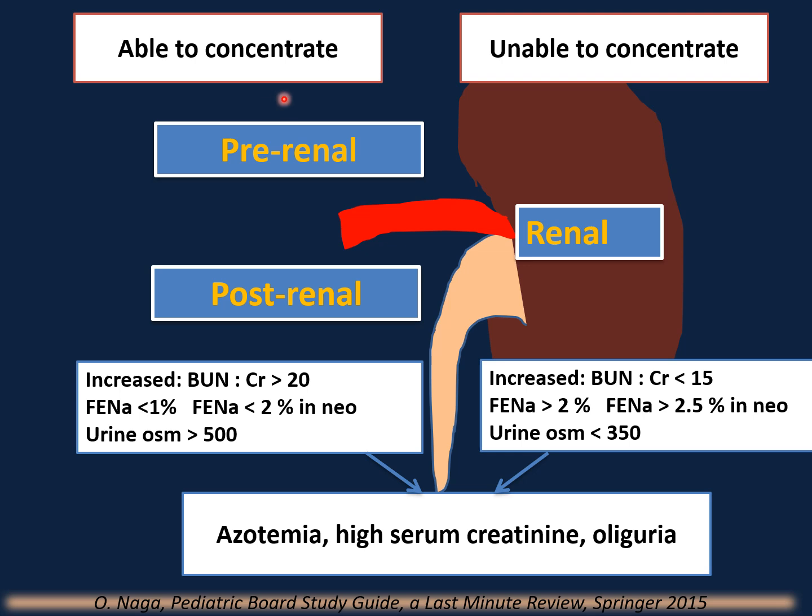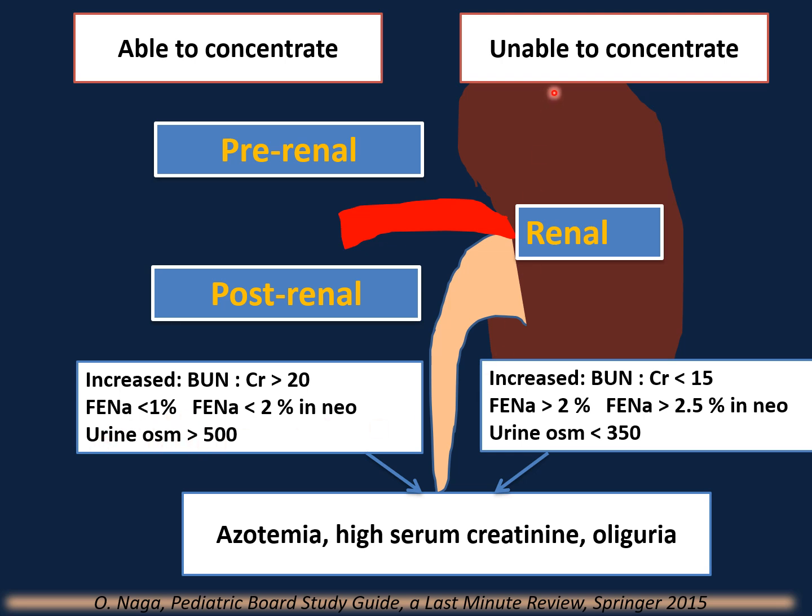To summarize the last few slides, in cases of pre-renal acute kidney injuries and post-renal acute kidney injuries, the kidney will be able to concentrate the urine. Because the renal tubules are healthy, you expect to see the BUN to creatinine ratio elevated, more than 20, and FeNa less than 1% in older children, less than 2% in neonates, and urine osmolality elevated.